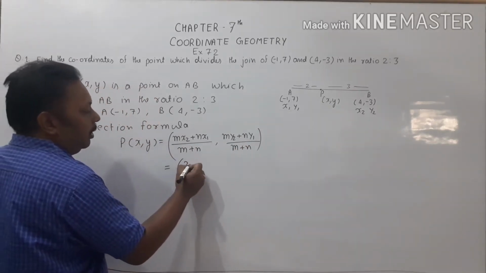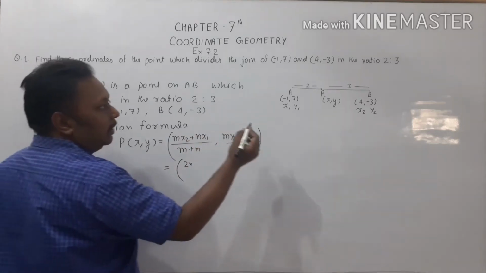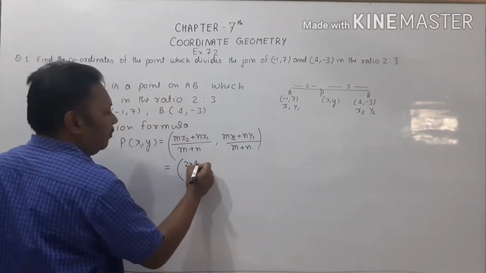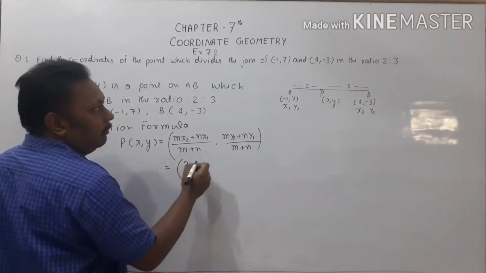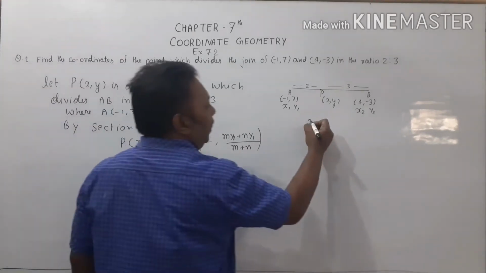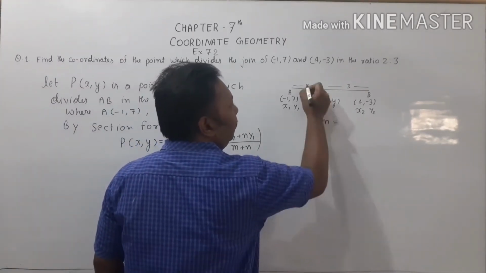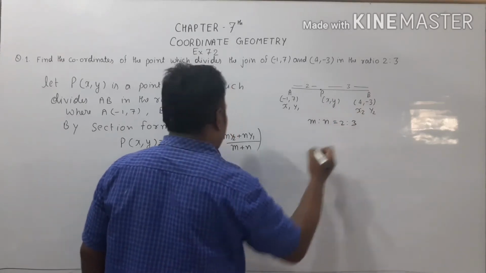Write down the value of m, that is 2, x2 is 4, plus n x1, the value of n is 3, because m ratio n is the ratio 2:3.